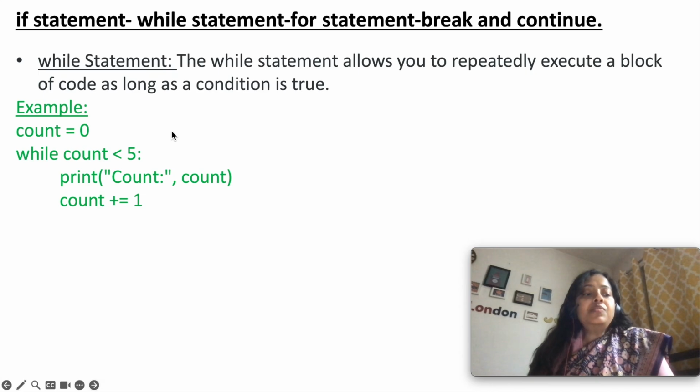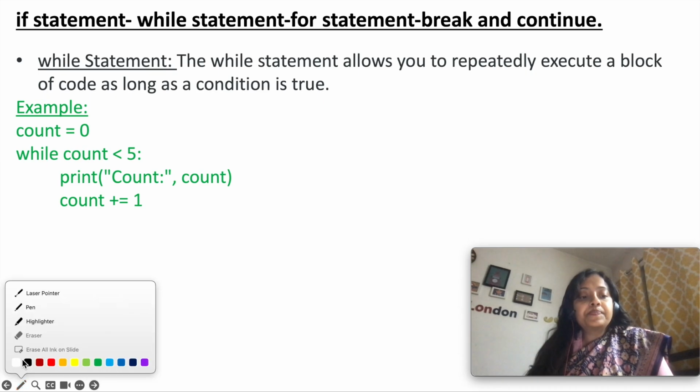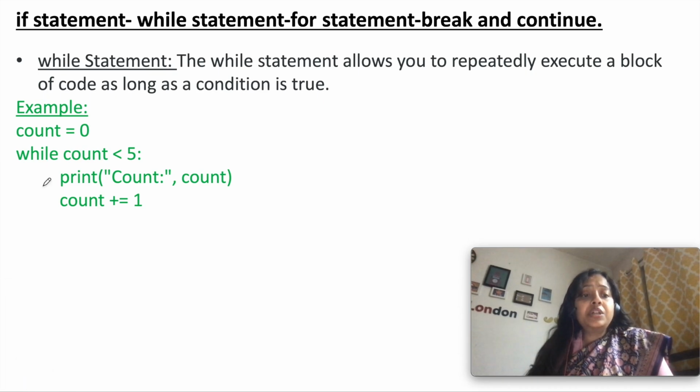Next we come to the while loop or while statement. The while loop allows you to repeatedly execute a block of code as long as the condition is true. For example, we have count equal to 0, while count less than 5, print count, right? Now, to understand which statements are coming under the while loop, please refer to the indentation here.